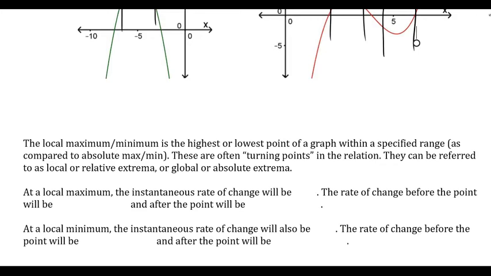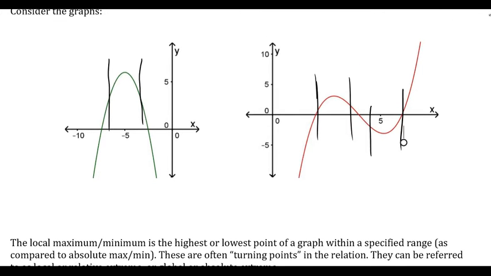So down here at a local maximum, the instantaneous rate of change or the slope of the tangent would be what? Zero. Good.